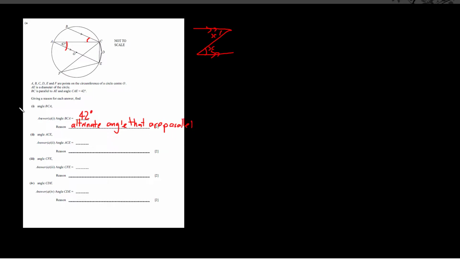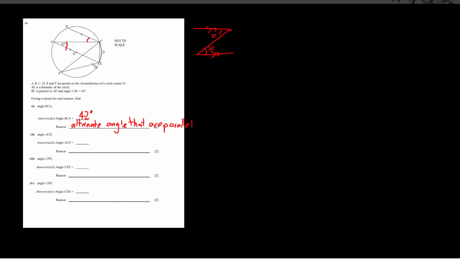Okay, now look at this next question. Angle ACE. Angle ACE, A, C and E. We are looking for this angle in here. Now, if you were to look back in this triangle, you will see that the base of this triangle passes through the center O here.